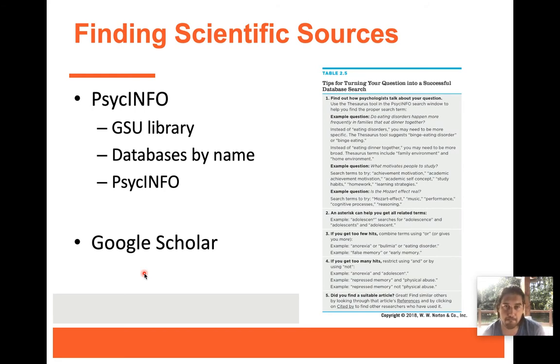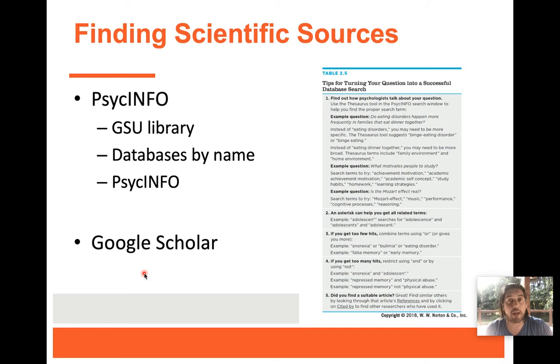And when you search something in Google Scholar, you are only going to get scholarly material that's available on the internet. So for example, let's stick with the example, bilingual development, language development.